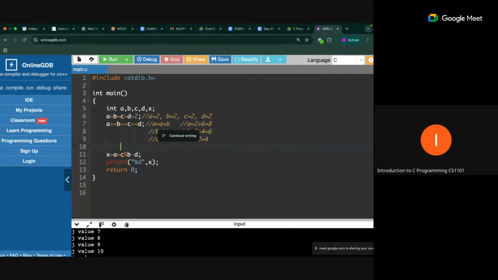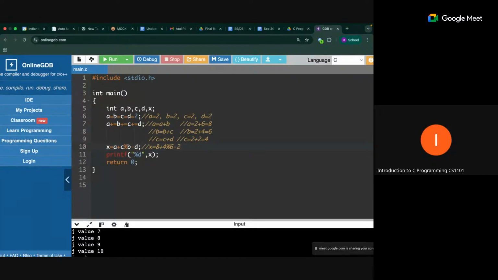Then I have to take this value. What is the x value? a plus c mod b minus d. The a value is 8, plus the c value is 4, mod the b value here, 6, minus the d value, 2.